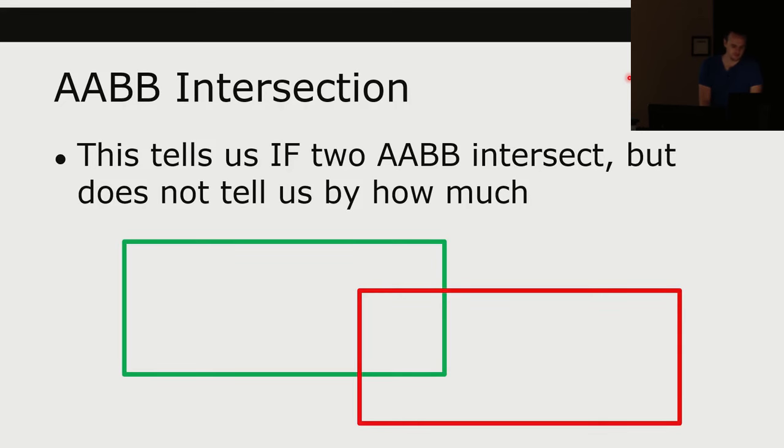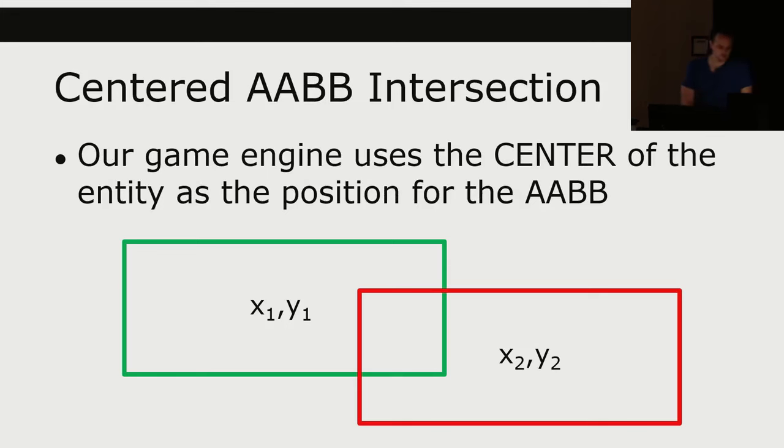This tells us if the two things intersect, but it doesn't tell us by how much. I want to know the area of this. I'm sure you could all figure that out, but let's do it anyway. In our game engine, to make some things a little easier, instead of using x1, y1 as the top left of a rectangle, we are going to use it as the center of a rectangle.